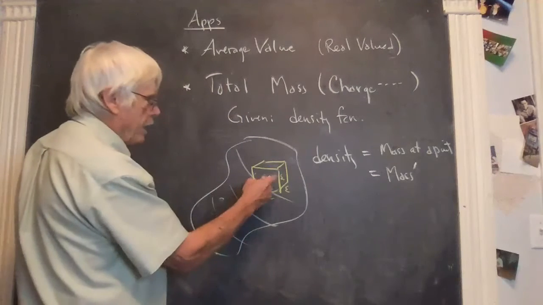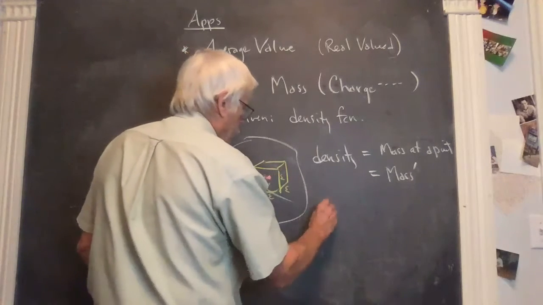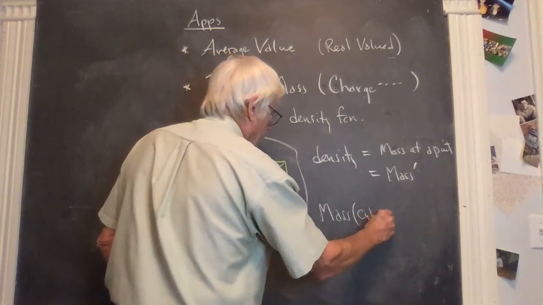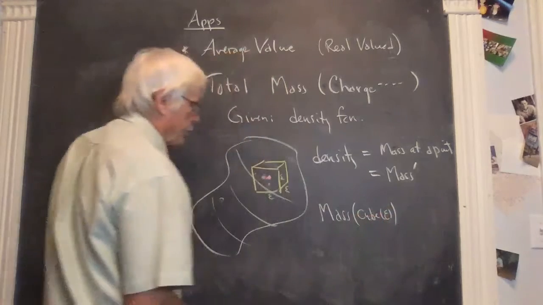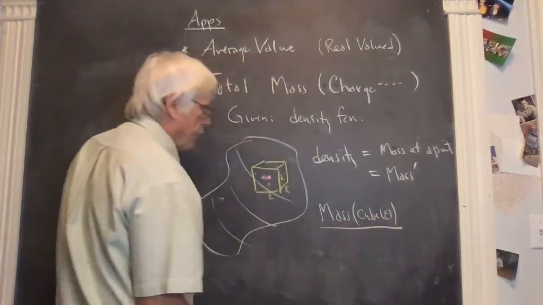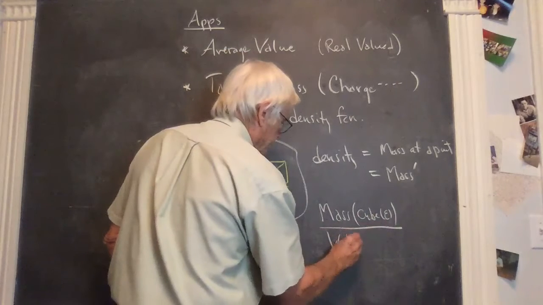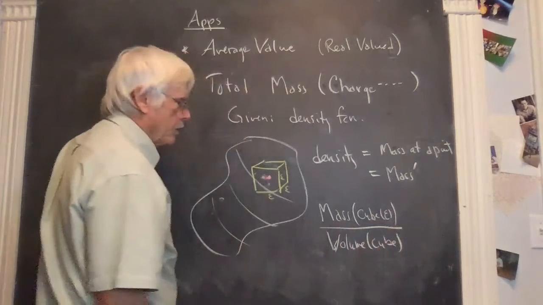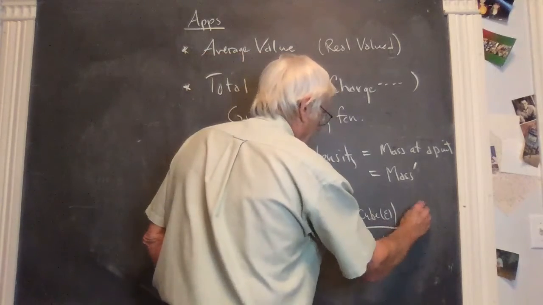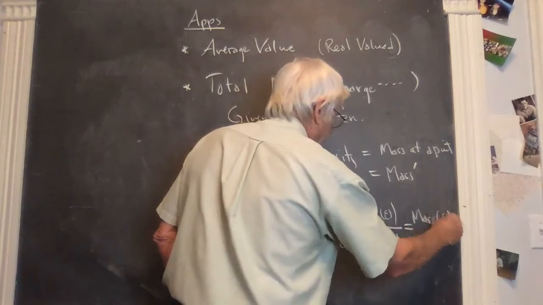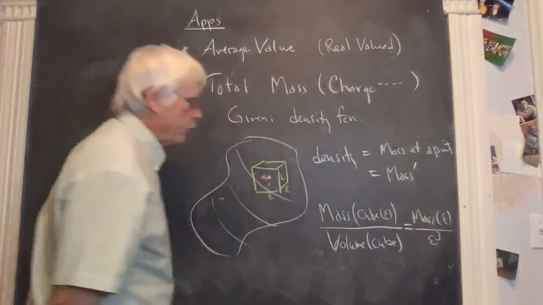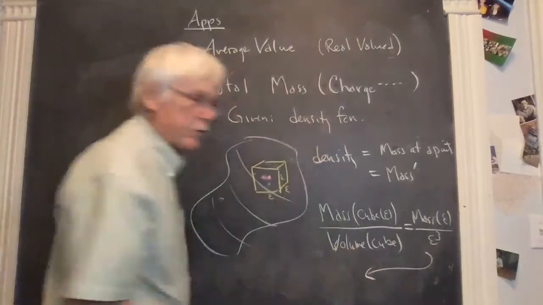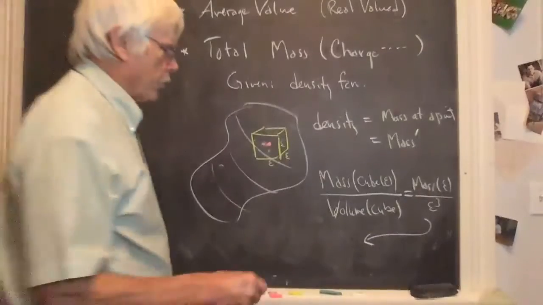Now, this cube has mass. So you look at the mass of the cube, whose side length is epsilon, and divide by the volume of the cube. This gives the mass as a function of epsilon divided by epsilon cubed, the volume of the cube. And then you take the limit of this as epsilon goes to 0.